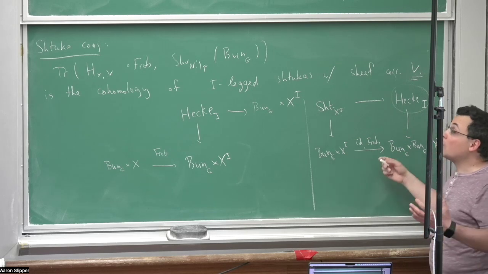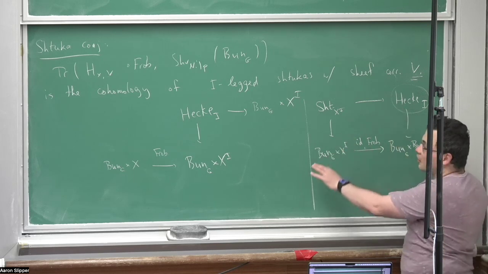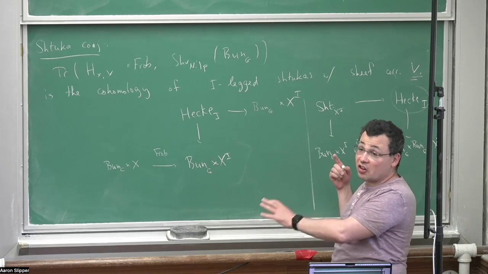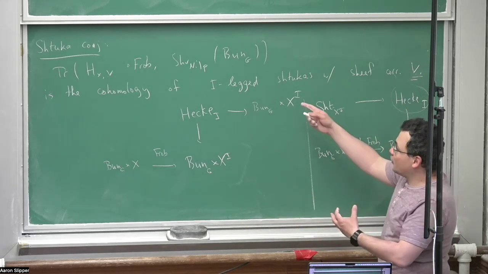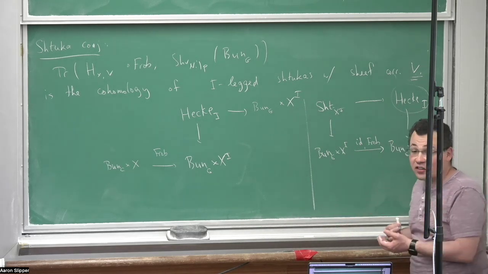That's what this formalism suggests should be the case, as long as there's a nice correspondence between geometry and sheaf theory. For l-adic sheaves, that's not true. That's why there's a non-trivial content to the Shtuka conjecture.